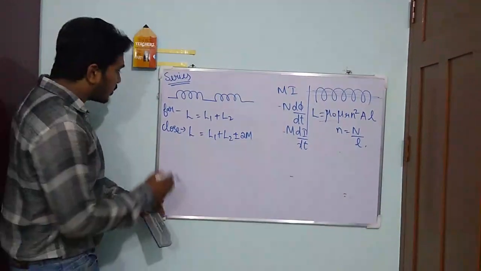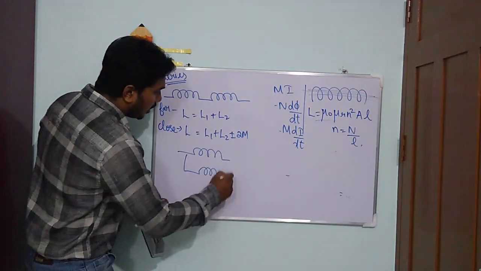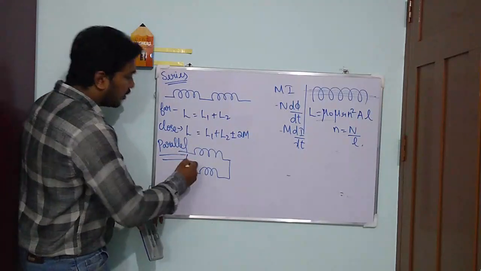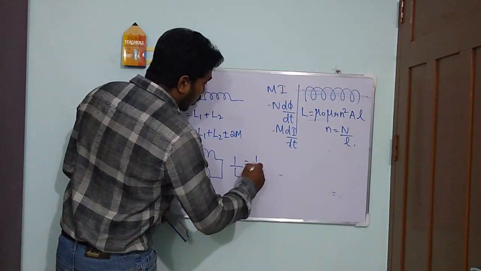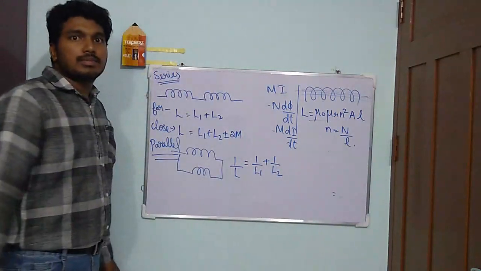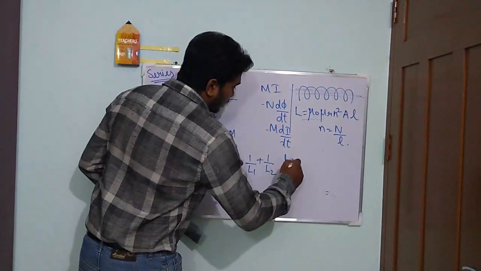Now suppose they are arranged in a parallel combination. How do you write for the parallel combination? In general, 1/L = 1/L1 + 1/L2. You use this when they are far apart.